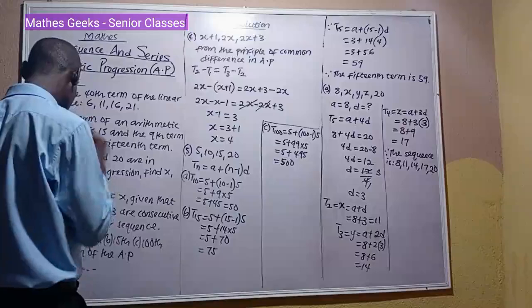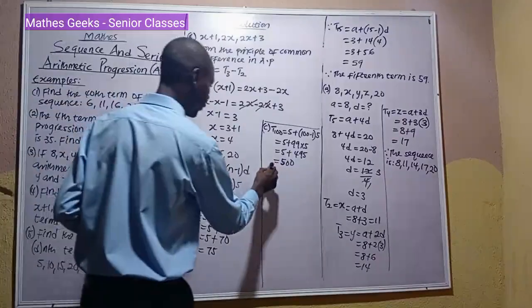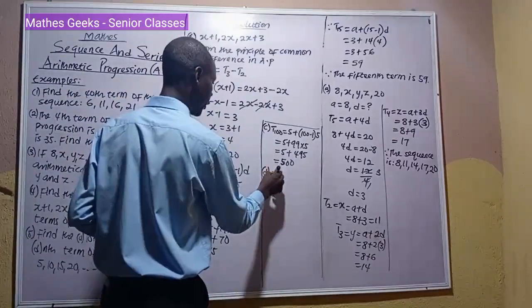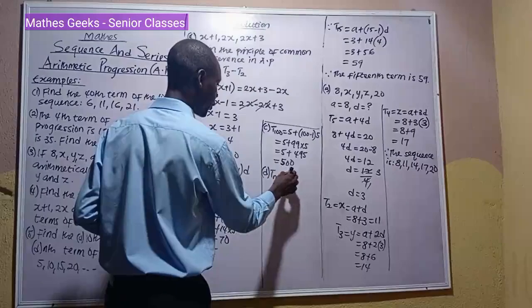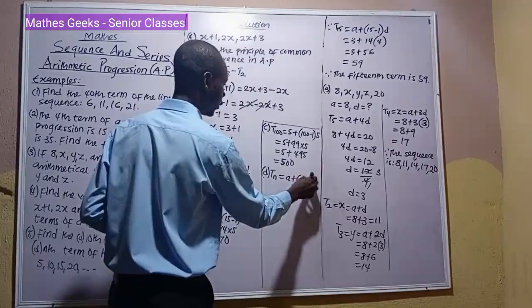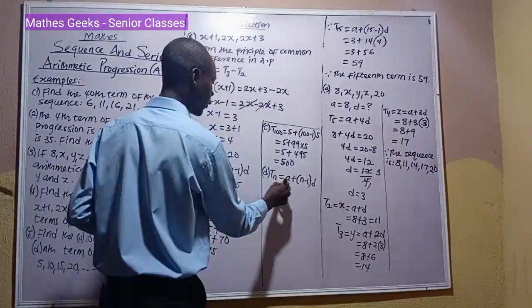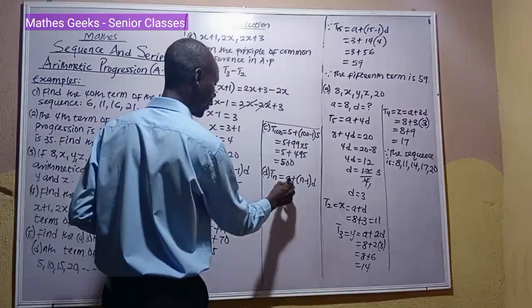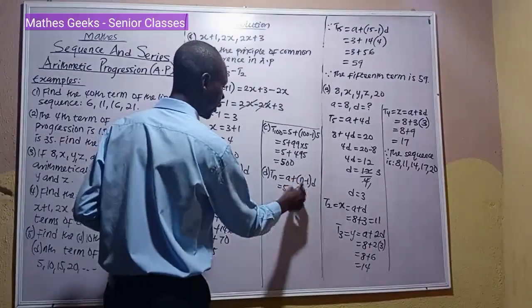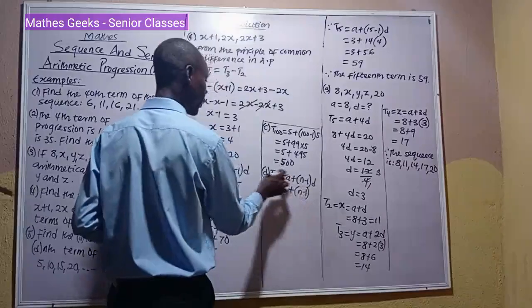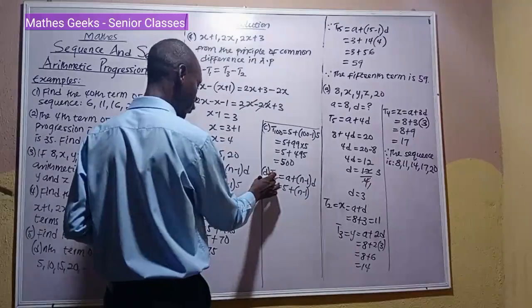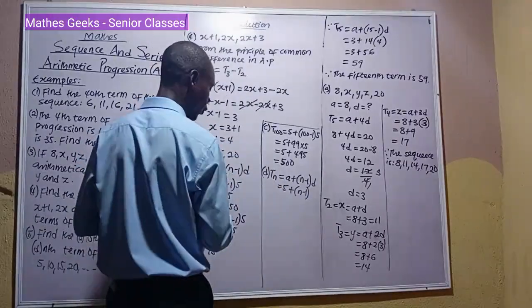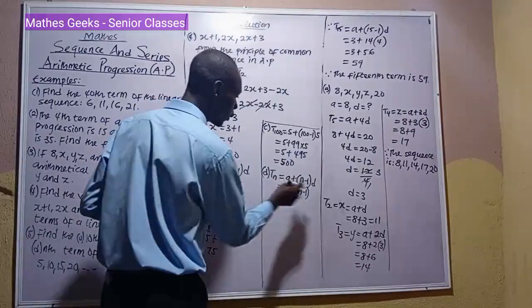And then the nth term, the Tn is equal to a plus n minus 1 d. And this will give us our a here, the first term, 5, plus n minus 1. Of course, we are looking for the nth term, no value. So here we have n.